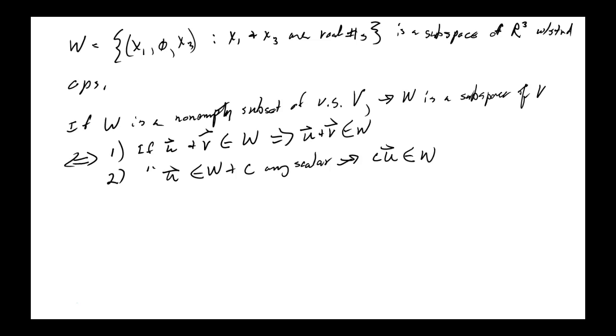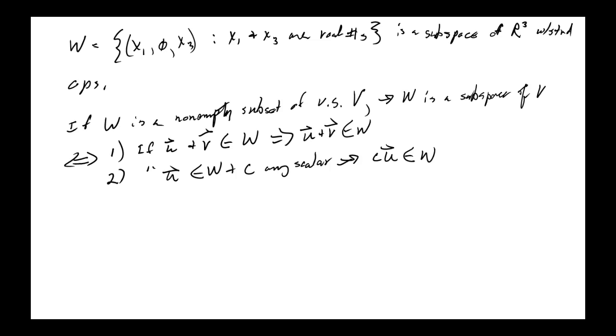Okay, yeah, it is. Because if C was any scalar, that could include the zero, and CU would then be the zero vector. If it's in W, that would guarantee that the zero vector was there.